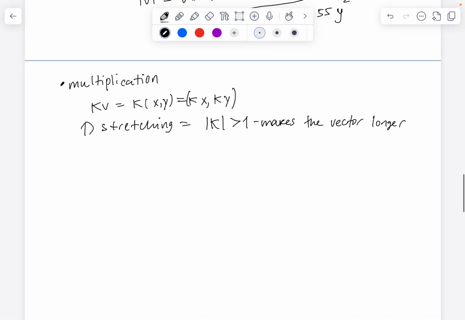So for example, if we multiply the vector 5, 3 by 2, it's gonna be 10, 6, and it's gonna make the vector longer.